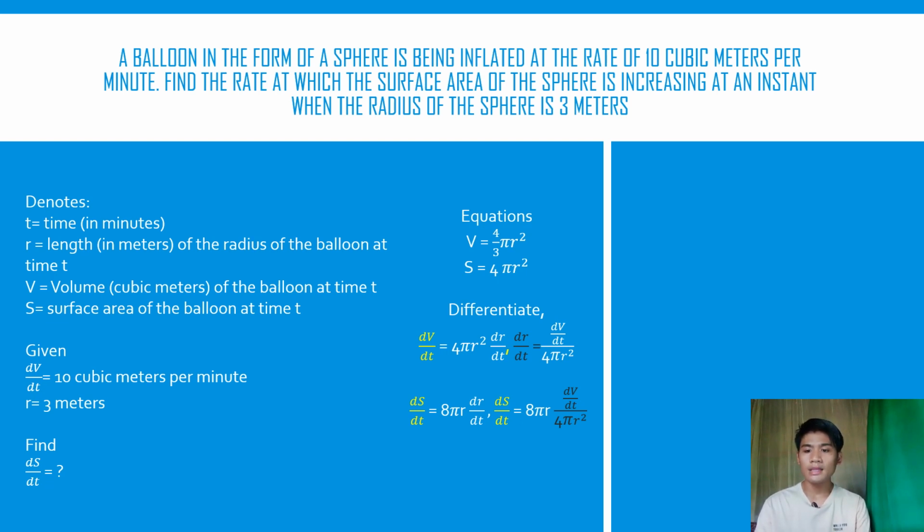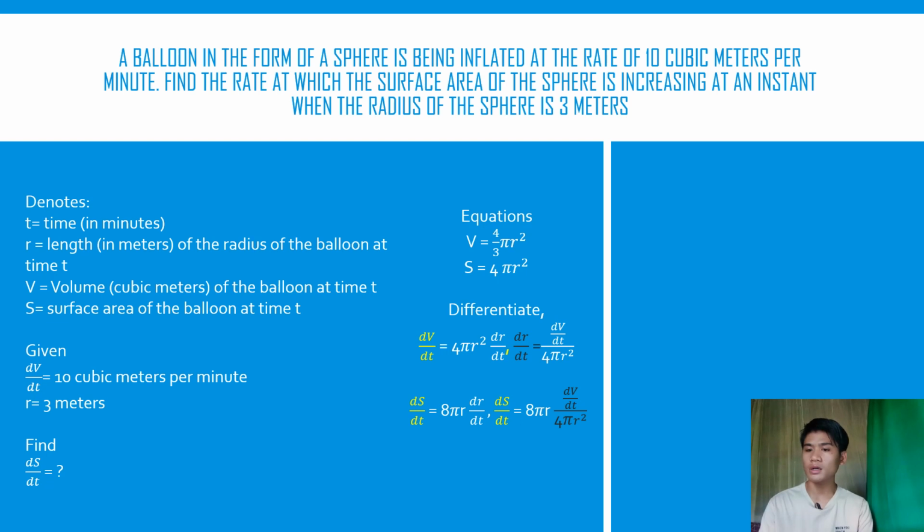And for the differentiation of the surface area, we came up with dS/dt equal to 8 pi r dr/dt. Just substitute the value of dr/dt. So we have dS/dt equal to 8 pi r times dV/dt all over 4 pi r squared.